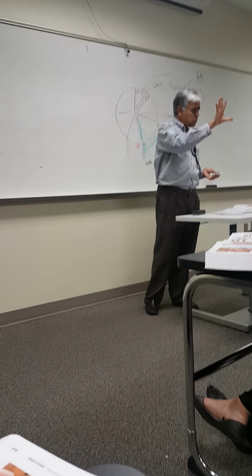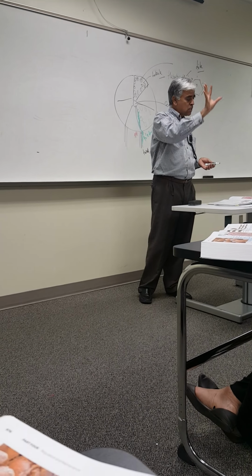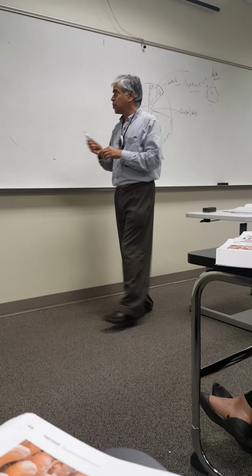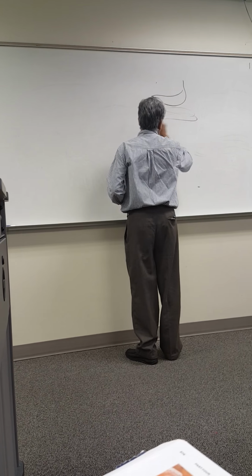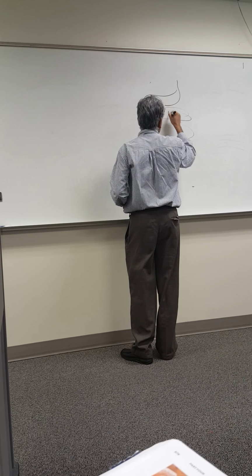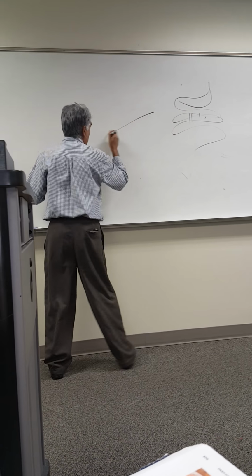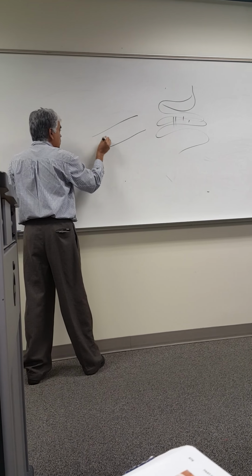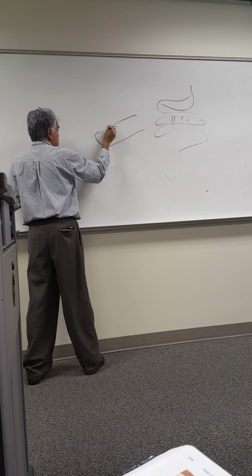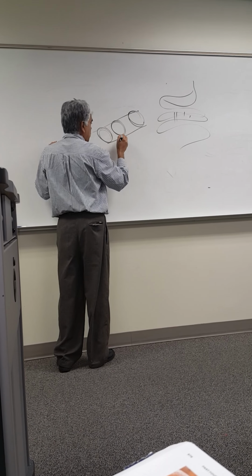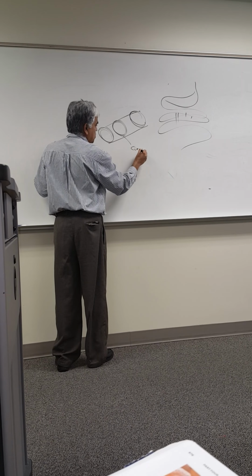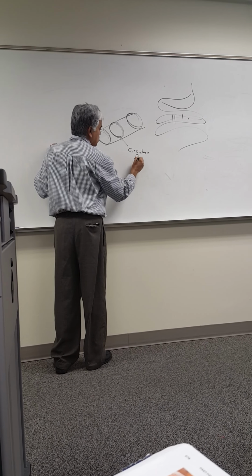Instead of rugae in the stomach, you'll see these projections inside the small intestine. So let's say that's your stomach, this is your small intestine. Anywhere you make a cut and look at the small intestine, you will see like rings inside, like a tube with rings, which we call circular folds.